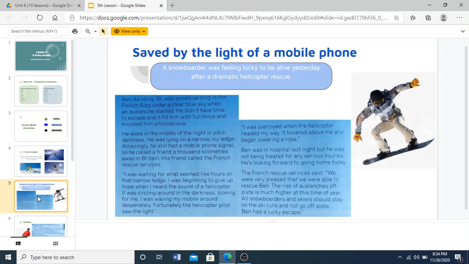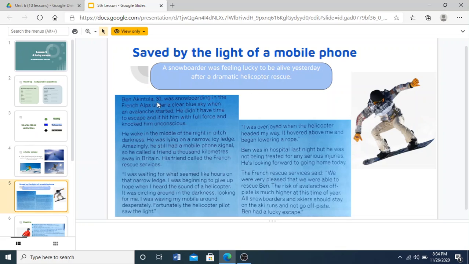Saved by the light of a mobile phone. A snowboarder was feeling lucky to be alive yesterday after a dramatic helicopter rescue.